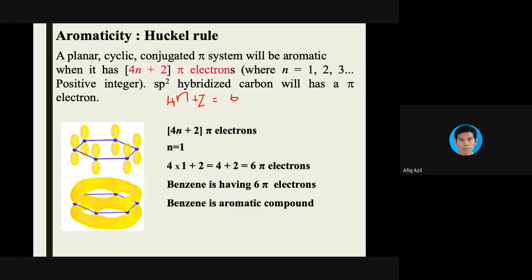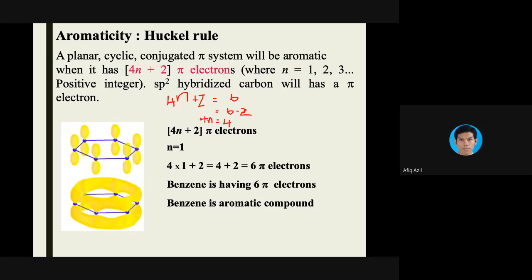So when you bring 2 to this side, then it will become 6 minus 2. Then 4n will equal 4. You have 4n here, so n will be 4 over 4.